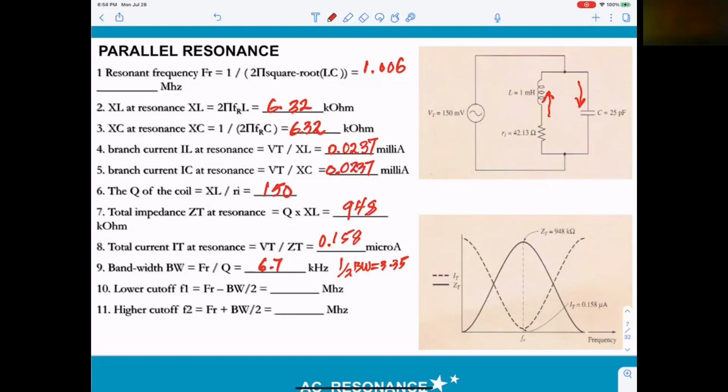If you wanted mega, Mr. Pham, it's going to be 0.996 or something like that. If you want to take 1 megahertz, right? 0.006 minus 3.35, which is K, times 10 to the minus third.